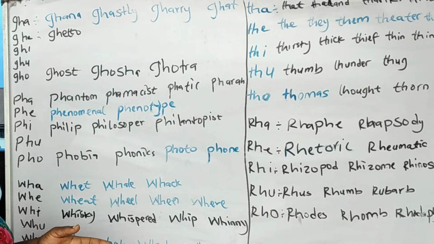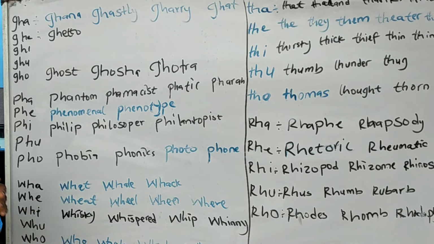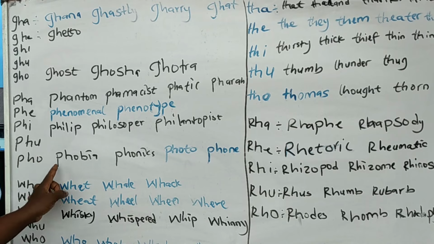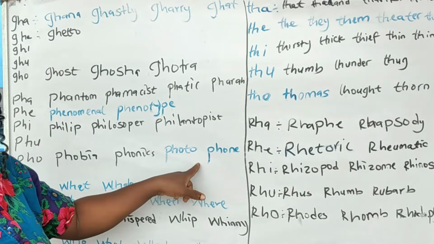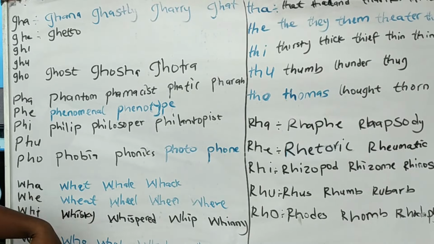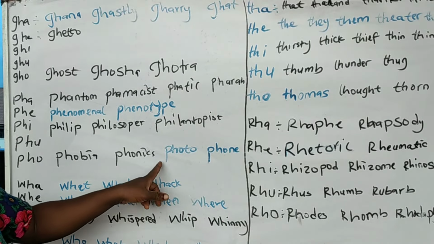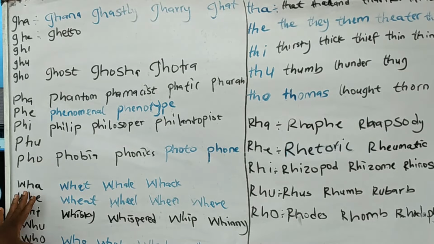So I want it to be as easy as possible, right? So let's continue. We have phobia, phonics, photo, phone, okay? Phobia, phonics, photo, phone.